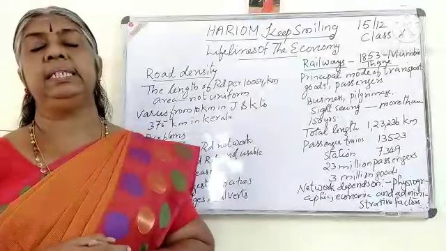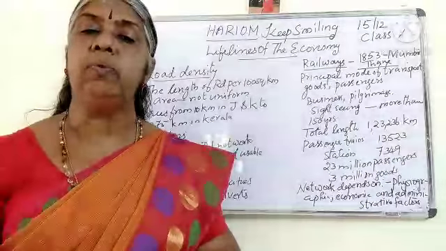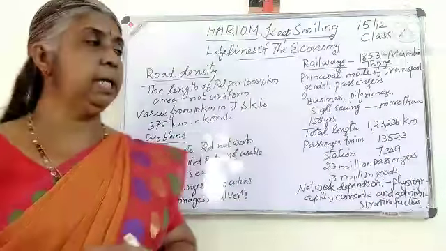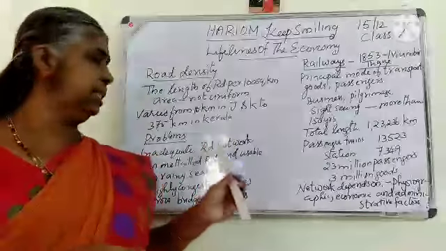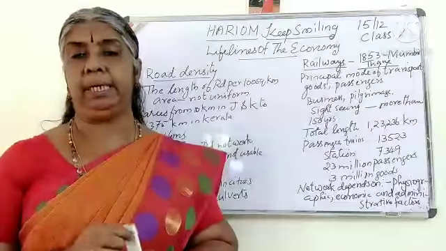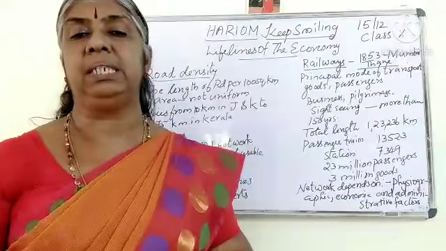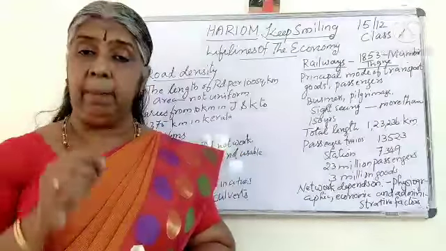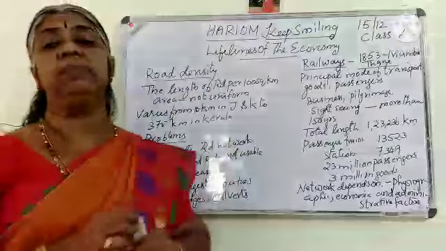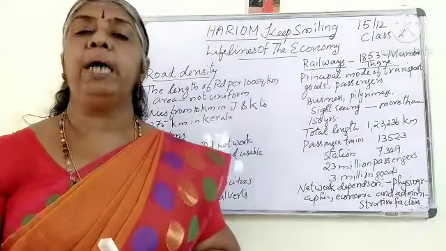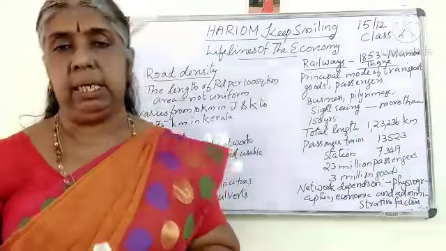Like the advantages, there are many problems also for roadways. What are the problems we can see? See, our road transport system is not adequate. An inadequate road network exists when we compare the network or density of roads with the volume of passengers and vehicles.